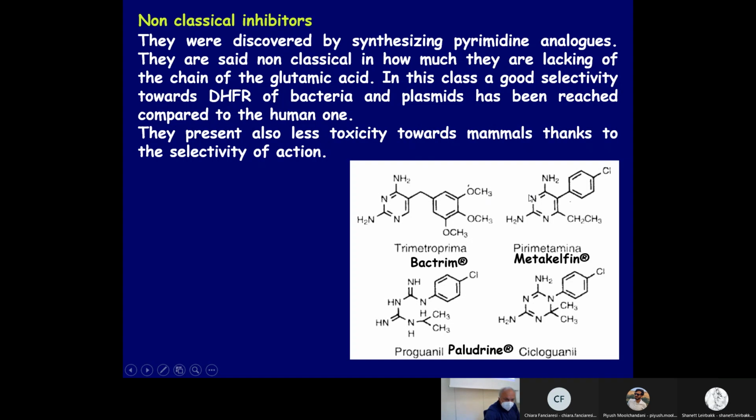The second example is pyrimethamine. Pyrimethamine has the same aromatic ring, pyrimidino, you see, the two nitrogen atoms and the two basic groups on the ring, with another aromatic ring directly connected with the pyrimidino ring.